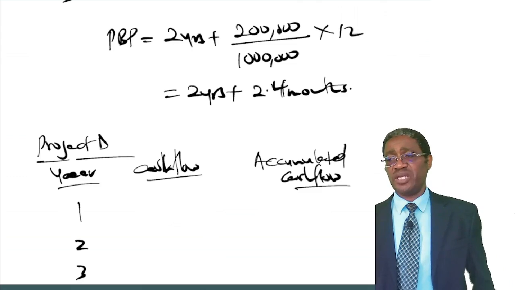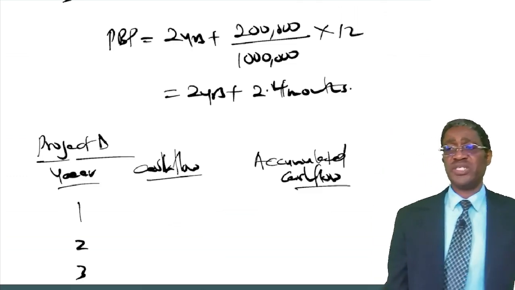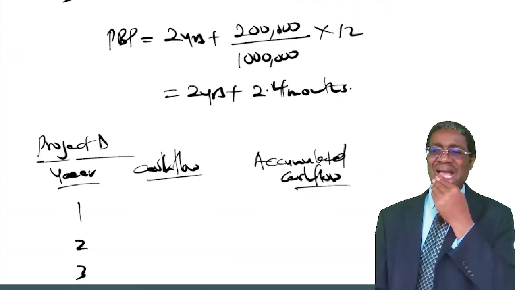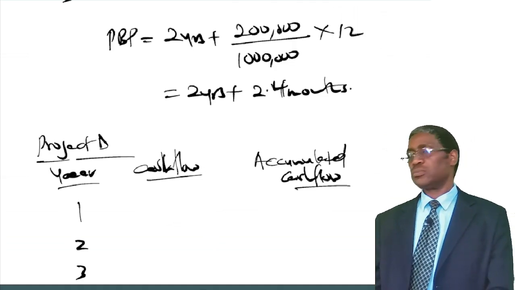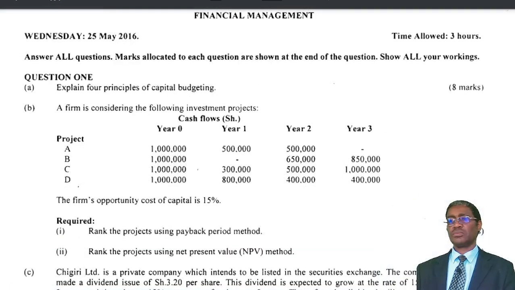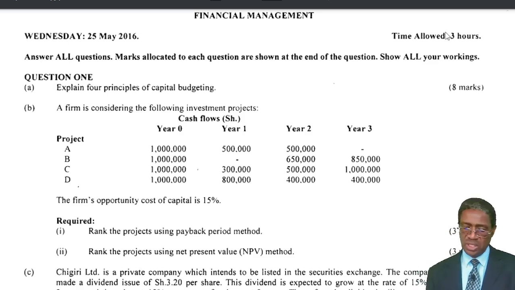We go and pick the cash flows for project D. Are you seeing them there? Yes. Project D will give me 800 in year 1, 400 in year 2, another 400 in year 3. So let's copy those ones. Year 1, 800. Year 2, another 400. Year 3, another 400.